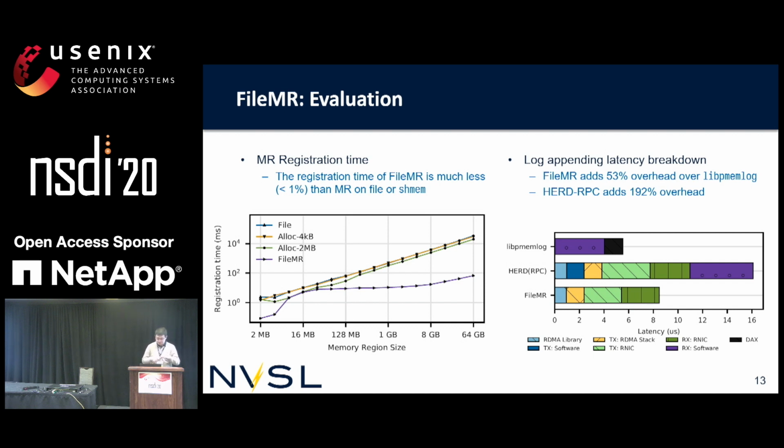And if we compare the latency of log append, comparing FileMR versus the local libpmemlog append and an RPC-based solution, as you can see, we are adding about 50% overhead to the local version, while the RPC will need to persist on the remote side, so that will cost about 3 times the overhead.